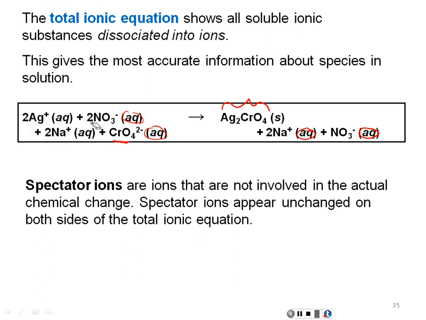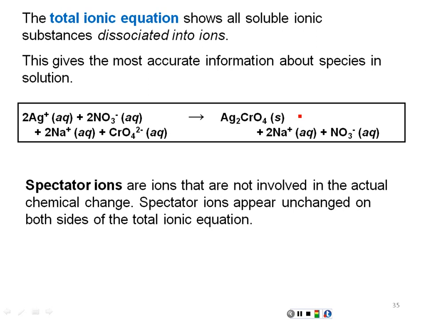An important term for the total ionic equation is spectator ions. These are ions that are not involved in the chemical change. That's why they're called spectators. And they appear the same on both sides, so the same physical state and the same charge.